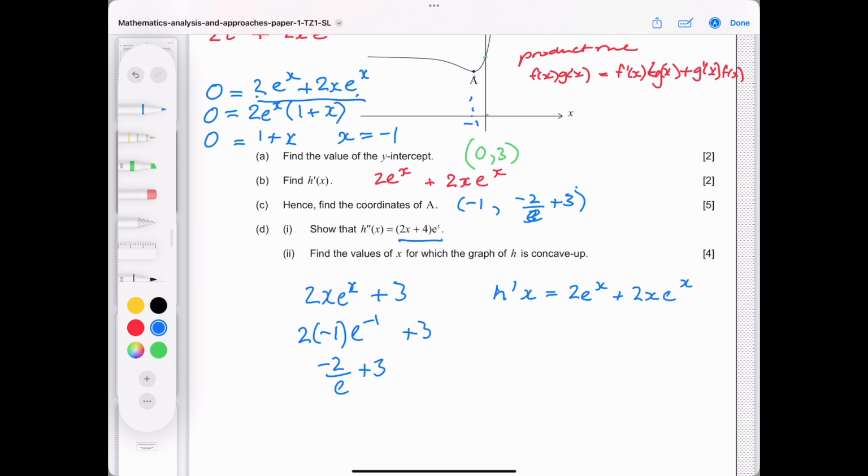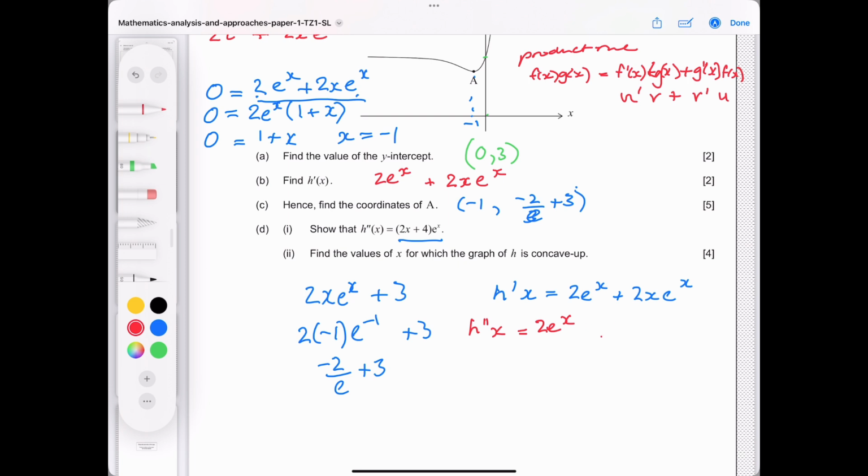Now we've got to use the product rule again. That's u dash v plus v dash u. For the first one, we're going to keep it the same, 2e to the x, because e to the x goes to itself.